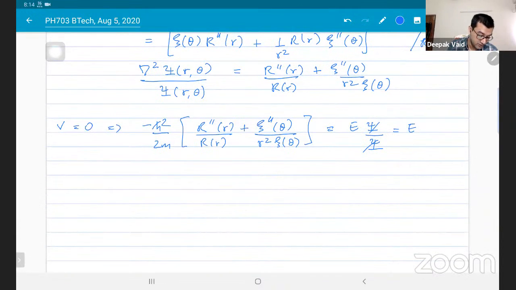So now, what is the resulting expression? I'll put this minus 2m and so on the right side, and I will write it as k squared.